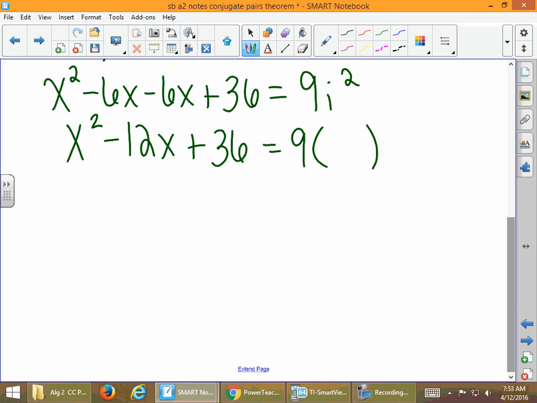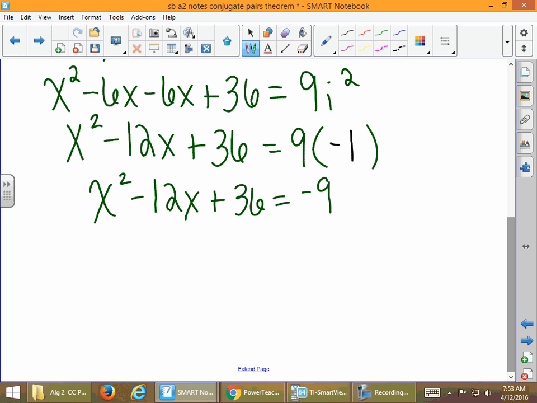What does i squared equal? Negative 1. And the more you say that out loud, the better you're going to remember it. So we get x squared minus 12x plus 36 equals negative 9 when we multiply those two together.